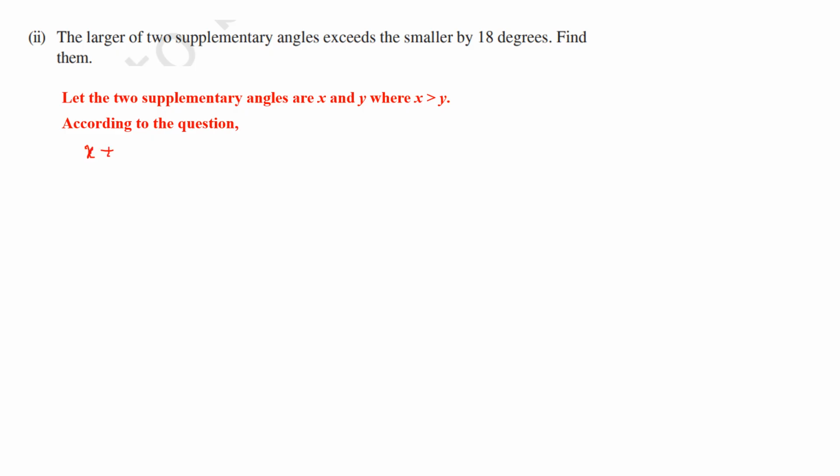And then it is given the larger of the two angles exceeds the smaller by 18 degrees. Exceeds means more. So the larger angle x is 18 degrees more than the smaller one, which is y. So now I have got two equations, isn't it?